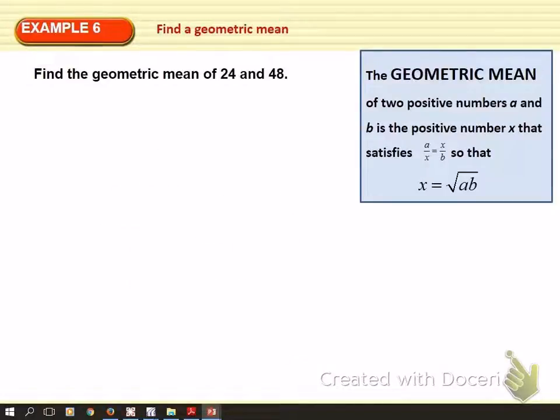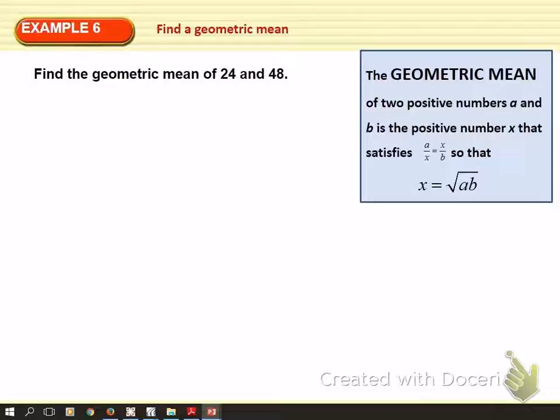All right. Now, the geometric mean. This is the part you're probably not as familiar with. If I asked you to find the mean of 2 numbers, you would tell me that you'd add those up and divide by 2, because mean is average. Mean is the same thing as average. But what you may not know is that that type of mean is called the arithmetic mean.